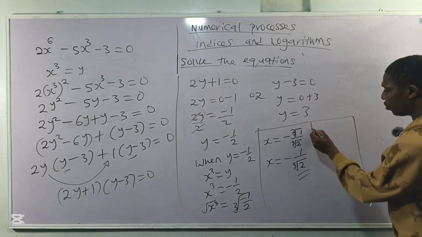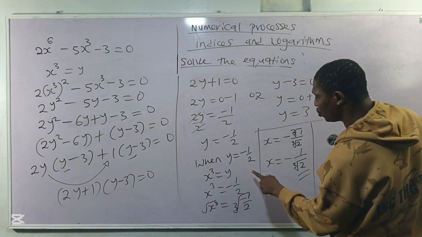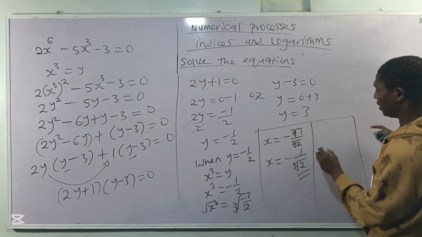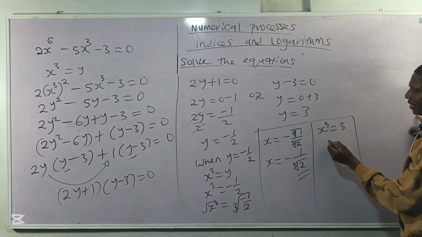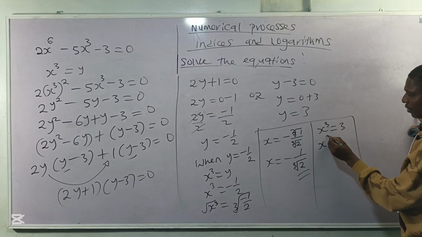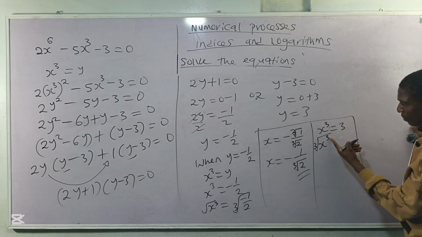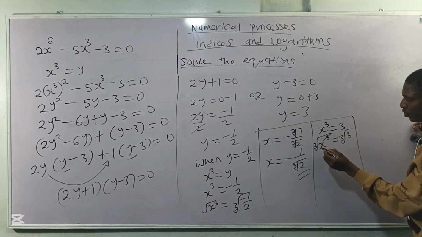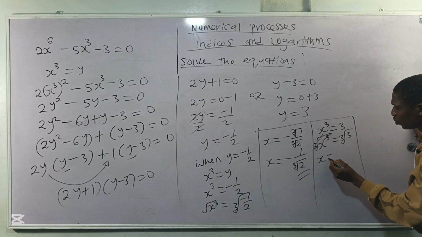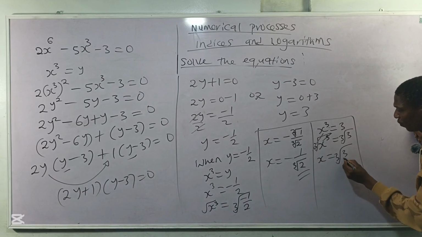And the second one also, when y equals 3, we have x cubed to be equals to 3. Taking the cube root from both sides, we have the cube root of 3 as well. And we cancel the cube root, and I have x to be equals to the cube root of 3.